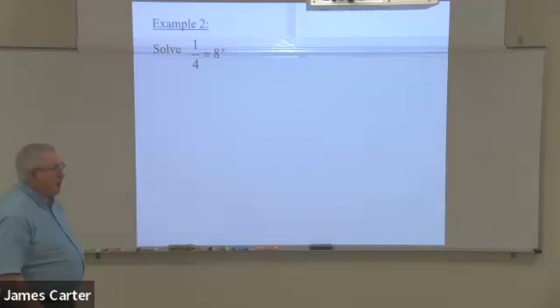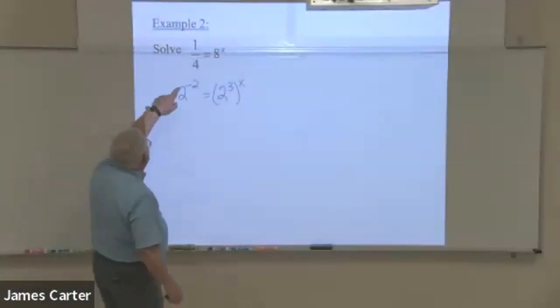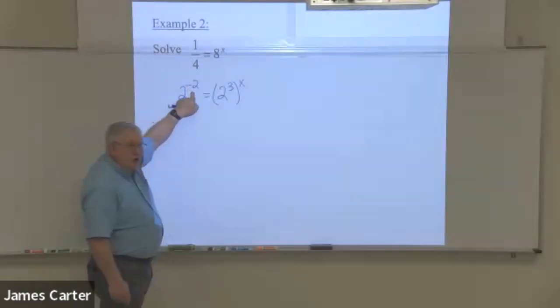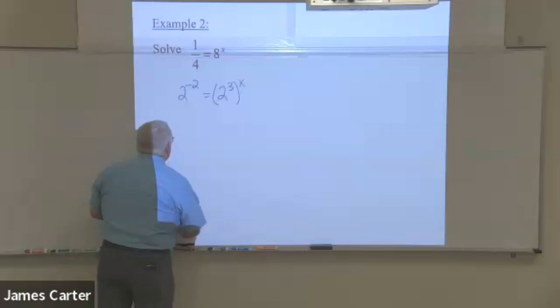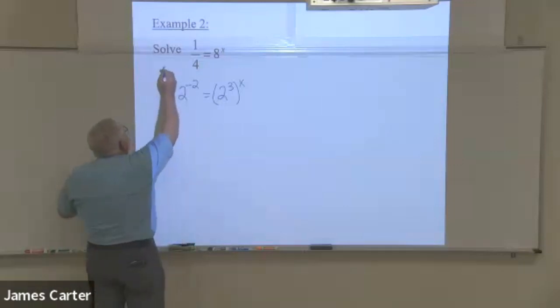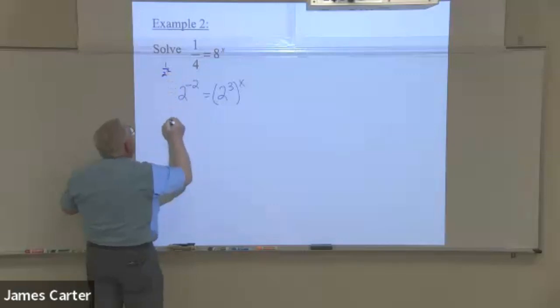Okay, now, what about this one? 4 is the power of 2, 8 is the power of 2. So we can modify this thing. What can we modify it to? Well, we can change 1/4 to 2 to the negative 2nd. There's kind of an interim step in there. We've got 1 over 2 to the 2nd like that.